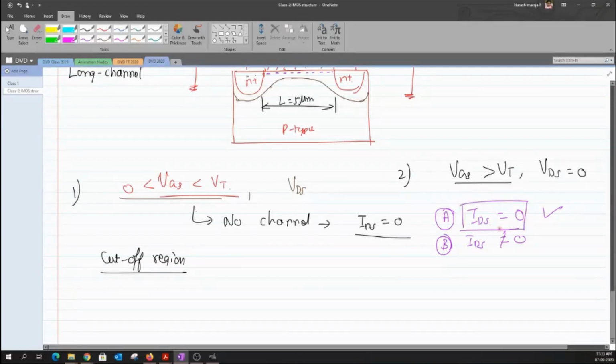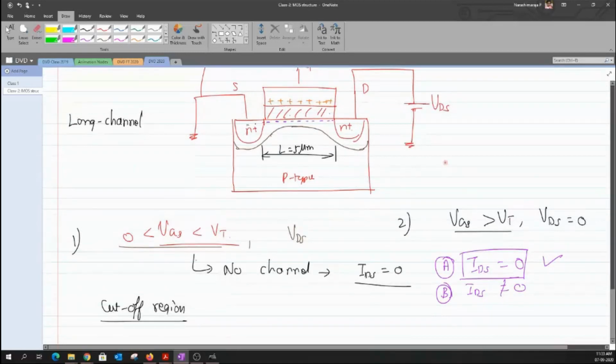The reason here is that even though we have created a channel, it is something like a resistance. The channel could be visualized as some sort of resistance. But whenever the potential difference between node A and node B is zero, there won't be any current conduction. So the IDS, or the current through this resistance, would be equal to 0. The value of I that flows through the resistance can be written as VAB divided by the resistance value.